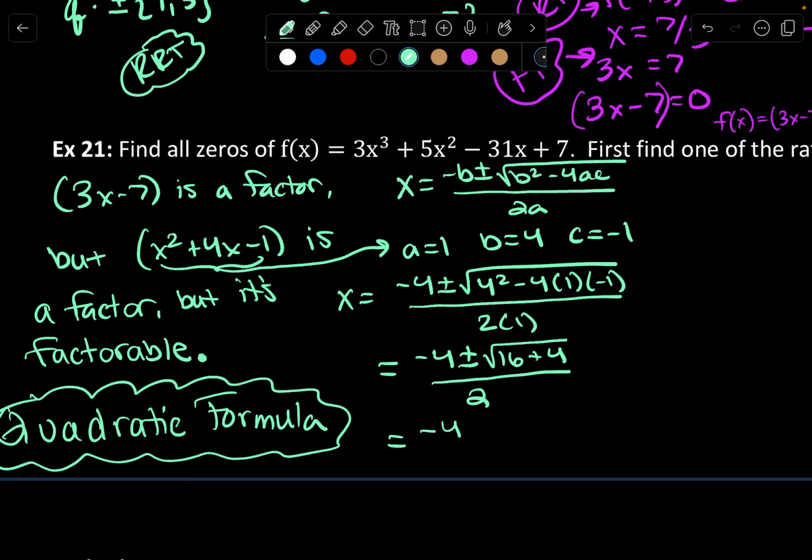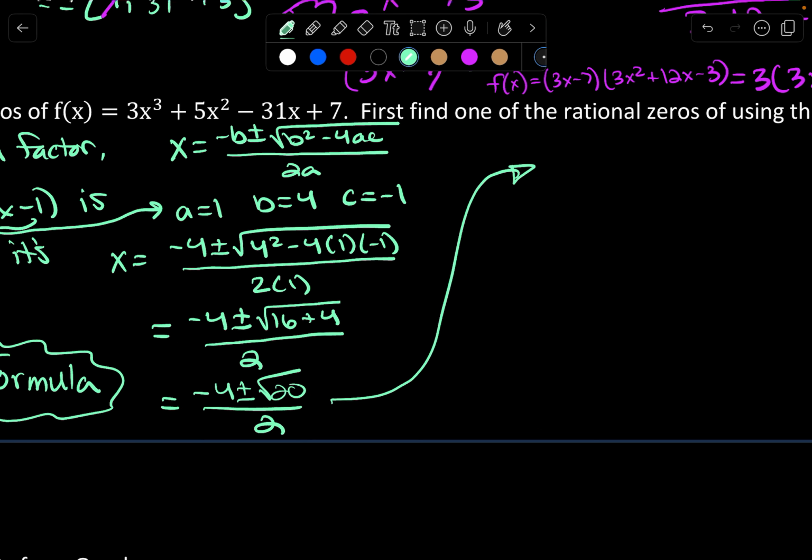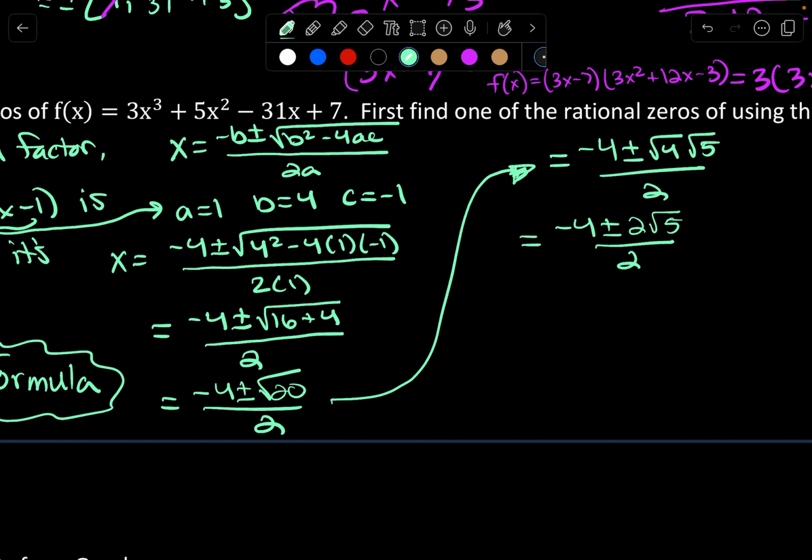So we'll have negative 4 plus or minus the square root of 20 over 2. And if we look at this, we can do the square root of 4 times the square root of 5, because that's the square root of 20. And then the square root of 4 will be 2. I'm going to go ahead and split these up.